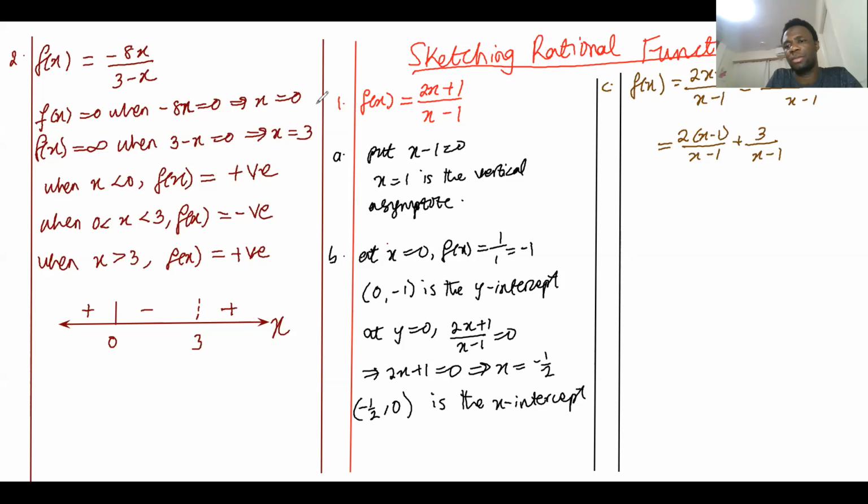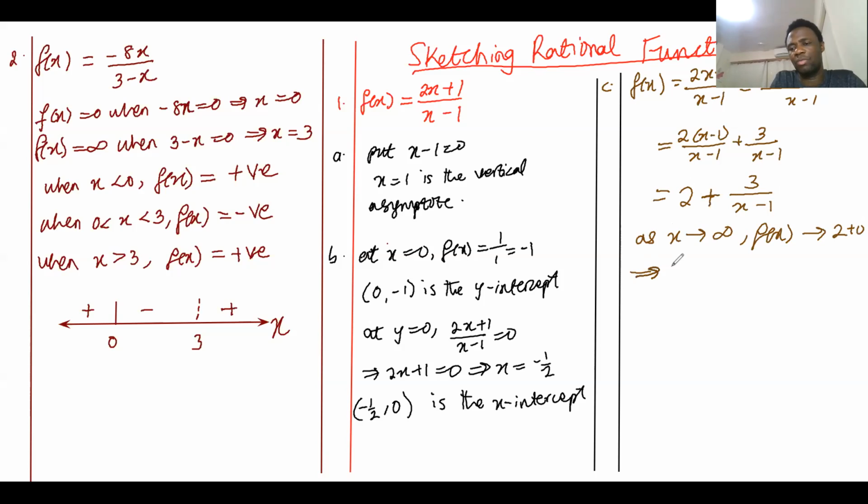All right. So this is going to be 2 plus, so that's like saying 2 number, right? 2 number, then a proper fraction, the denominator that, okay? So as x tends to infinity, our f of x tends to 2 plus 0.